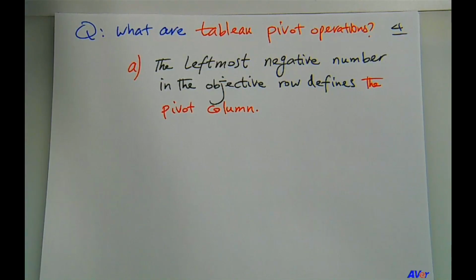When you rearrange the coefficients and the terms in an objective function, some of them are going to be negative, one or more. So the leftmost negative number in the objective row, which is at the bottom of the initial simplex tableau, defines where the pivot column is. And the pivot column is the column of numbers right above that leftmost negative number. That's what this is talking about.